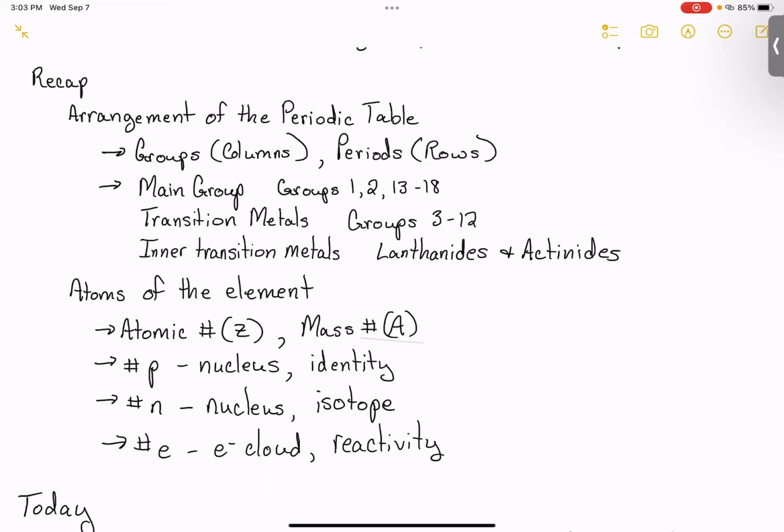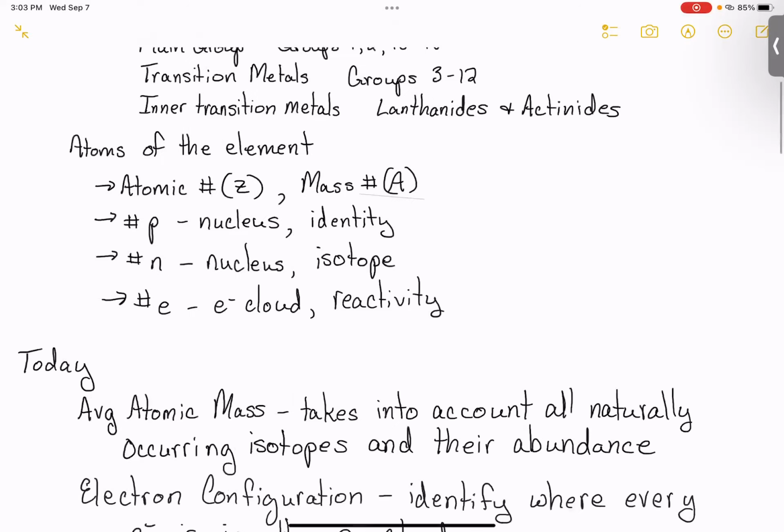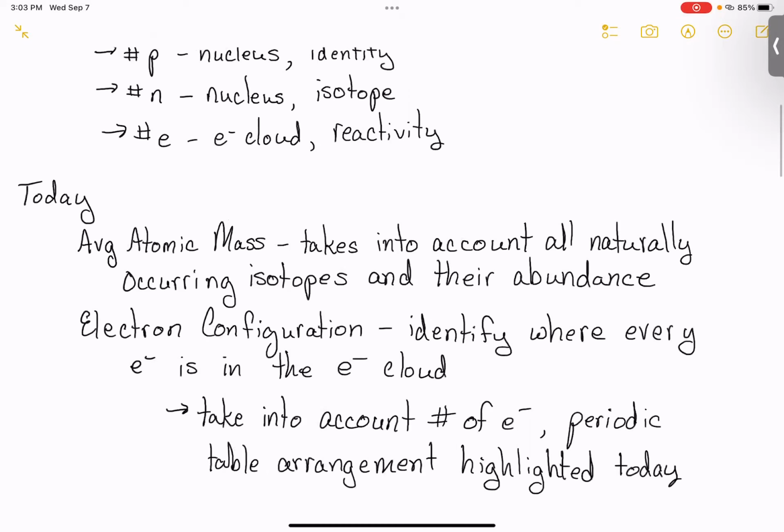Now, today, what we're going to do is start by talking about average atomic mass. If you will recall, when we were talking about the atomic number, the mass number, the protons, the neutrons, the electrons, I asked how many of you had been told that the mass number was on the periodic table, and many of you raised your hands.